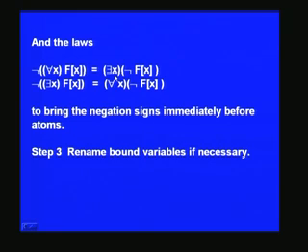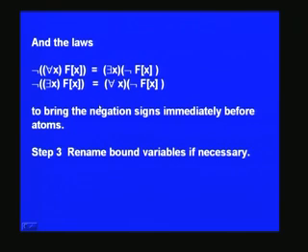These things we have learnt earlier. So, this is equivalent to saying there exists x not of f of x. So, you are bringing the not inside. Similarly, if you have not there exists x f of x, bring the not inside and you will get for all of x not of f of x. So, the second step is to bring the negation signs immediately before the atoms.